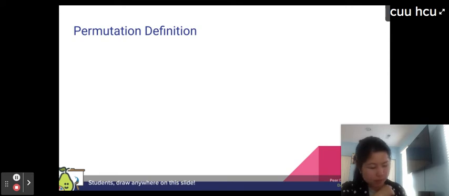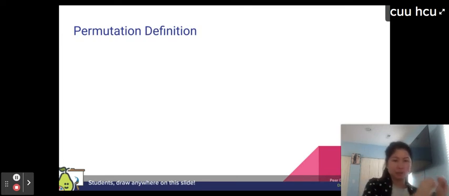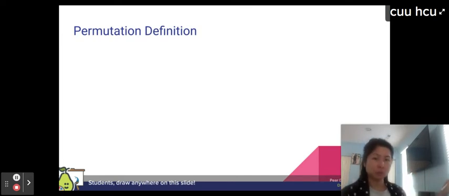If you look at this one, this n factorial, this exclamation point is called factorial. What does that mean? If you have a number and I'm telling you to take the factorial of that number, you take that number and keep multiplying by the numbers less than that, all the way until 1.